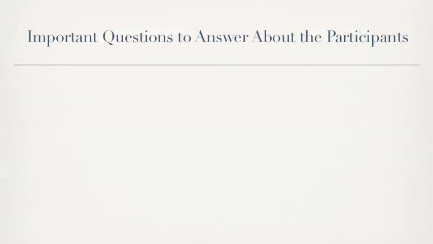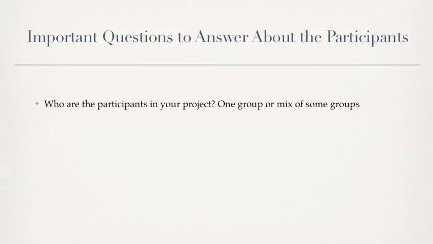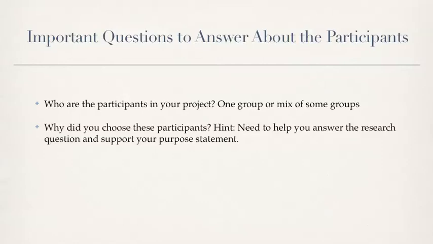And then finally, I'll leave you with a few questions to consider and answer for your capstone participants. First, who are the participants in your project? Is it one group of those participants we just listed there, or a mix of some of those groups? Why did you choose those participants? And a hint for you is you need to be able to answer the research question and support your purpose statement.